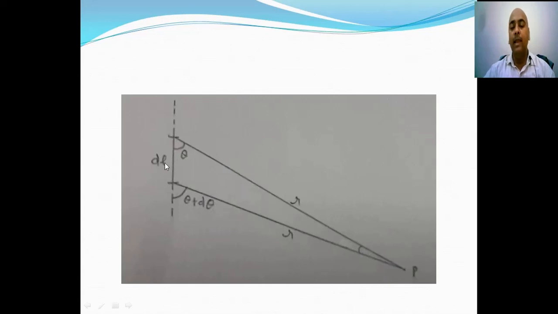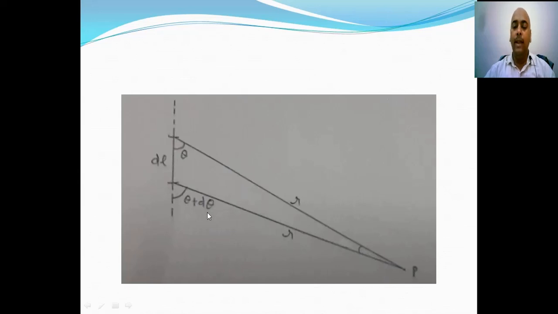That is, when the length dl of the infinitesimal current element is 0, then d theta will also be 0. However, if we go on increasing the length dl, then d theta will also go on increasing.